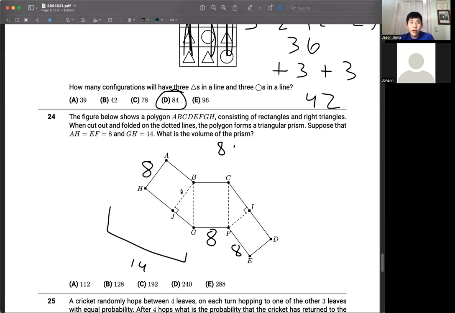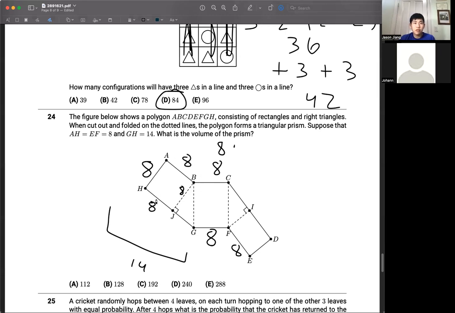We have one side of the triangle from AH, since AH must equal BJ given this rectangle. And we also have this side length of 14, which should be helpful. What else are we given? Okay, again, BC must be equal to GF, since that's a rectangle. And once we fold the prism, AB is going to land on BC, meaning that AB also must be 8.